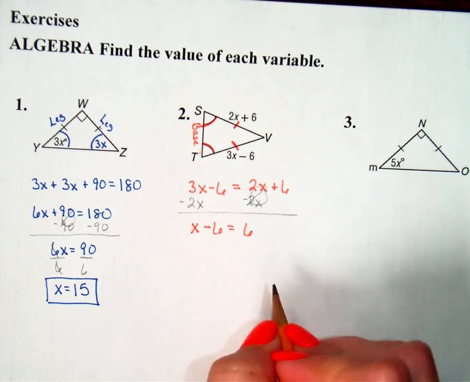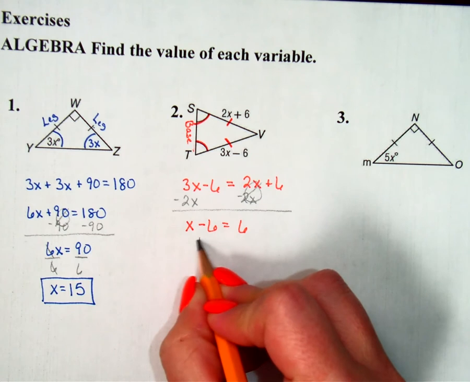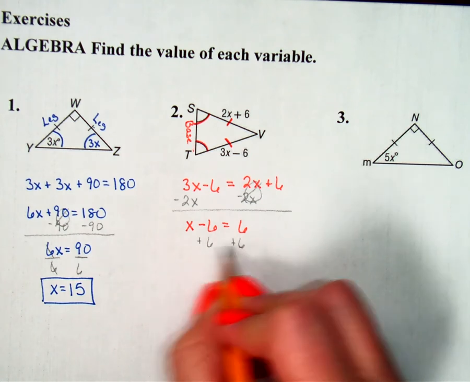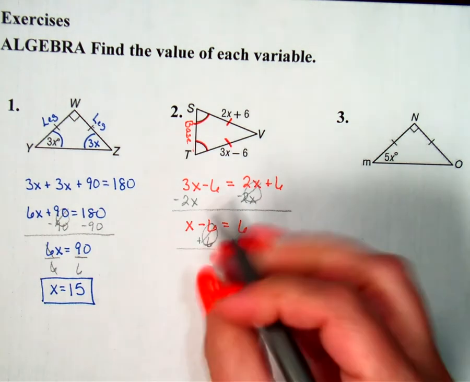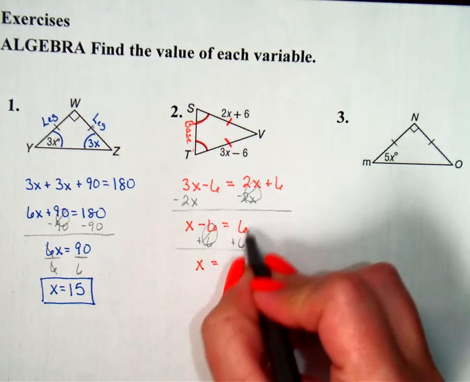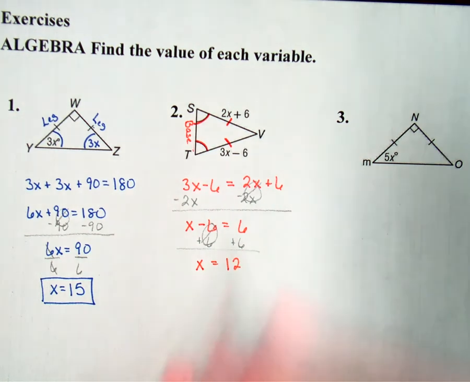Sometimes when we see a minus 6 and a plus 6, we just change it to a 0. But notice they're on different sides of the equal, so I can't just combine them. I do have to add this 6 to the other side. And I end up with x plus 0, which is just x, equals 6 plus 6, which is 12.